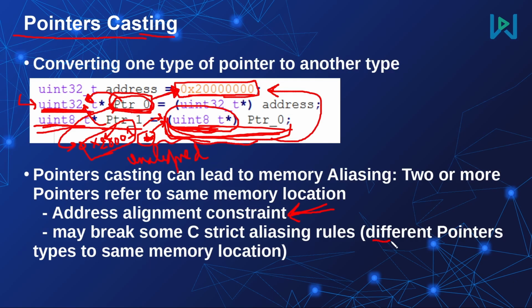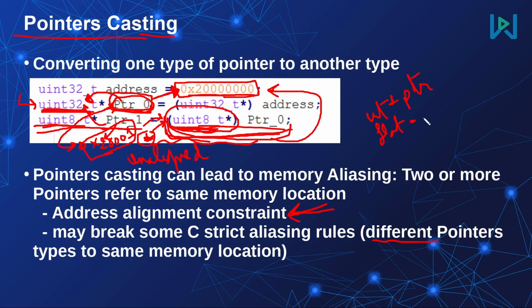Also, you need to respect certain C rules and restrictions when it comes to the types of pointers. We may have an integer based pointer, and then through casting we may create another pointer of type float.